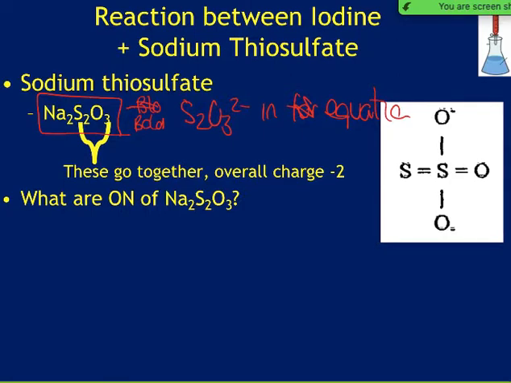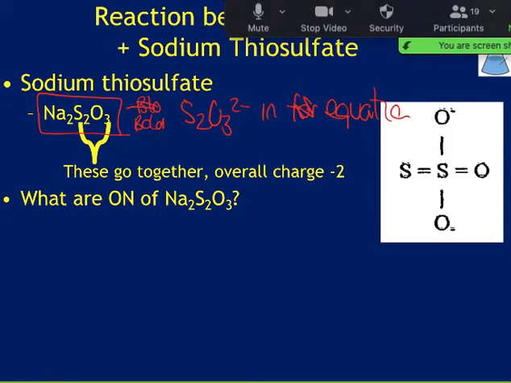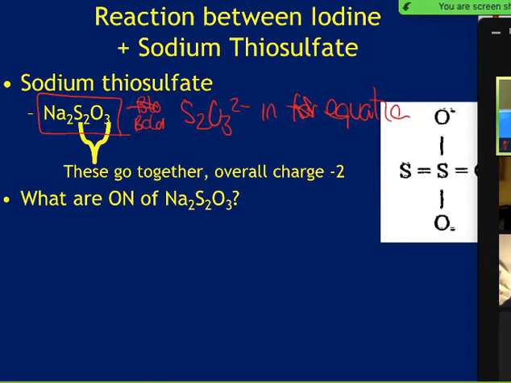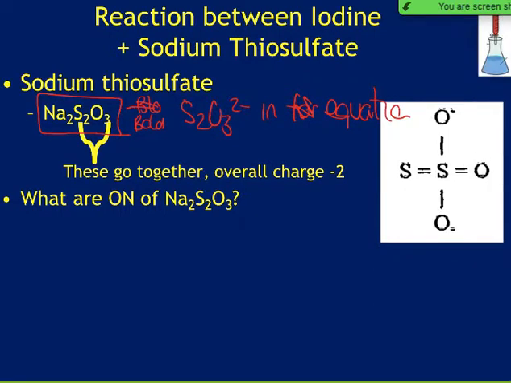So what is the oxidation state of S? So what do we think? Any takers?